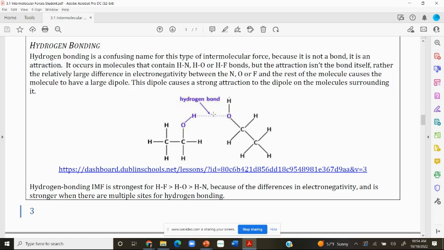When that happens with another molecule, the same thing occurs. And then this end of this molecule is attracted to this end of this molecule. That's your IMF. Why is this a dotted line and this a solid line? Because the solid lines are intramolecular. This is an intramolecular. This is an intermolecular.